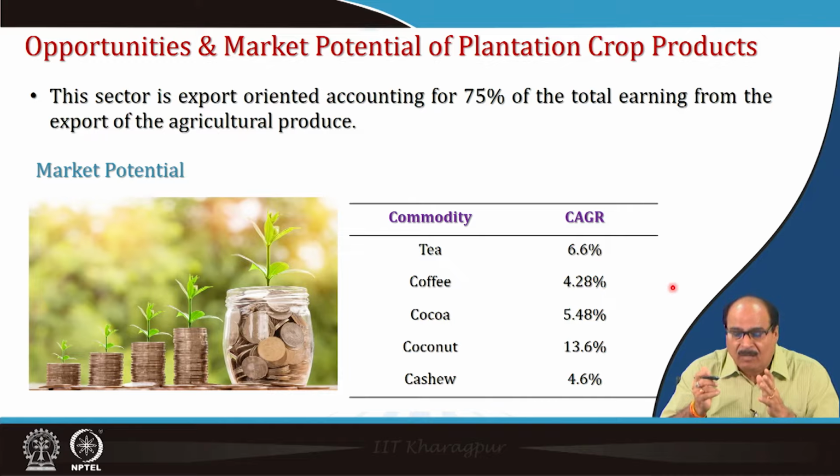Tea is expected to grow at a CAGR of 6.6%, coffee at 4.28%, cocoa at 5.48%, coconut highest at 13.6%, and cashew at 4.6% CAGR.